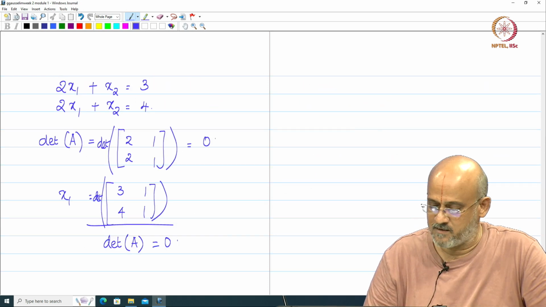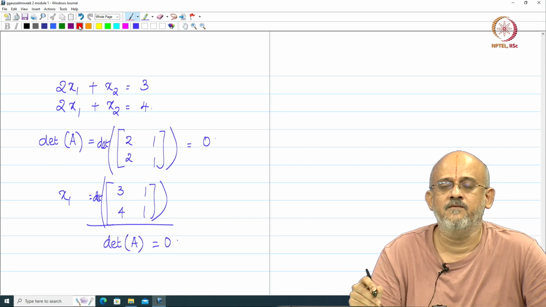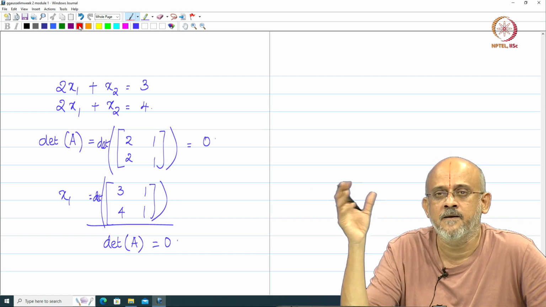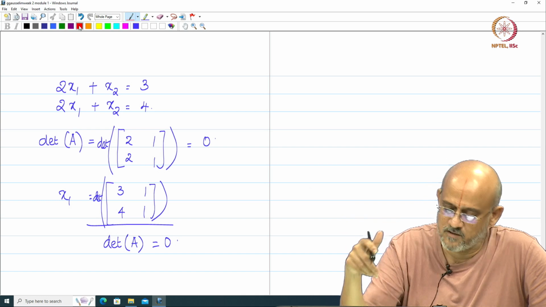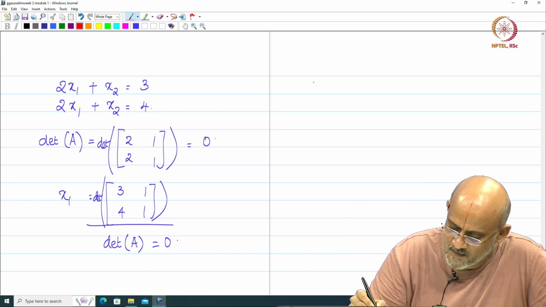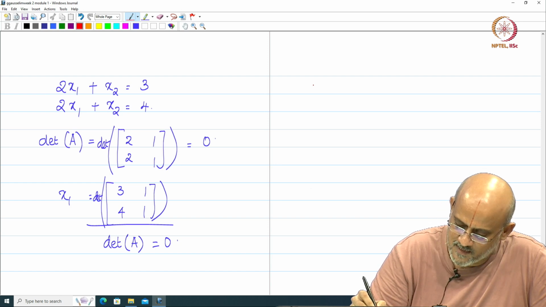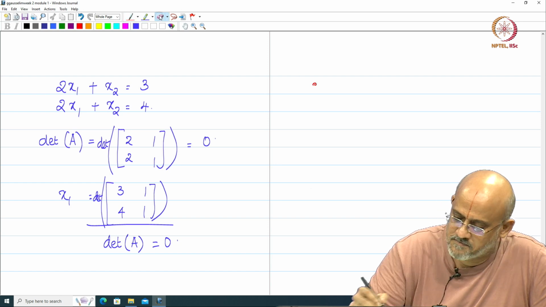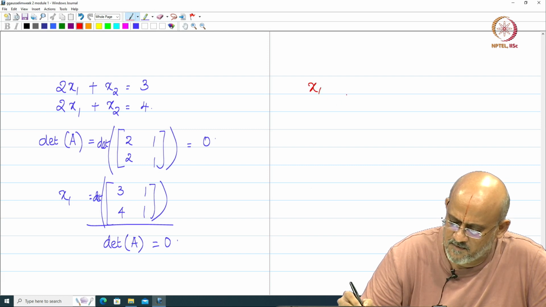Let us probably take our example of the 3 by 3 matrix, which in the last class Professor Krishna Kumar did, where we did elementary row operations and then got the values of x1, x2, x3. Let us see if that works here. We will take another 3 by 3 system.